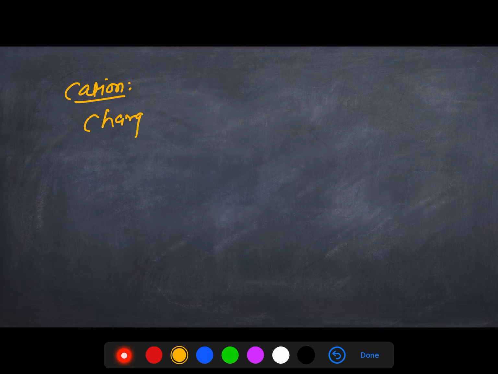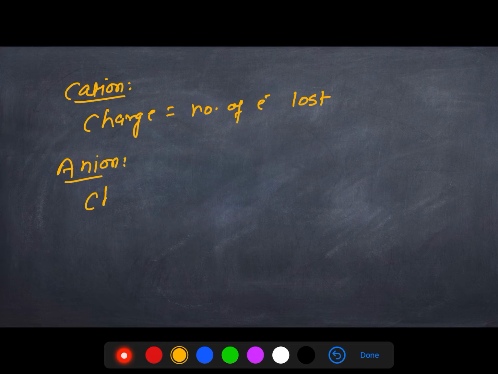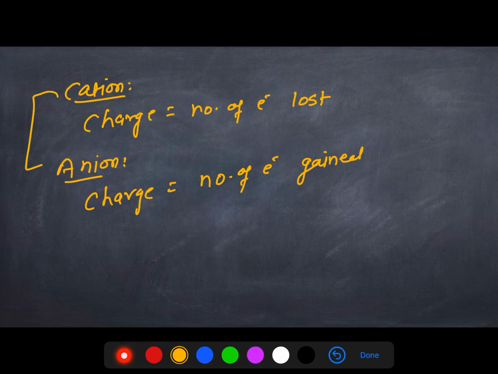Fine. One more thing. In the case of a cation, we saw that the charge is equal to the number of electrons lost. In the case of an anion, we saw that the charge developed is equal to the number of electrons gained, right?